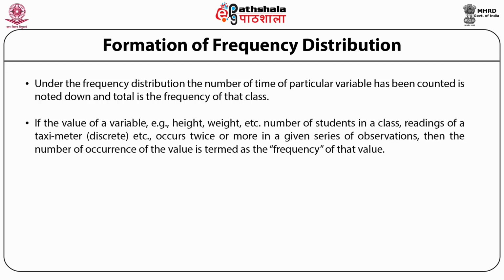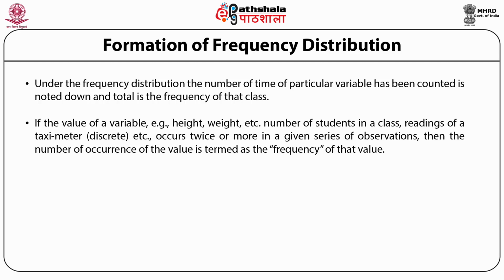If the value of a variable, for example height, weight, number of students in a class, etc., occurs twice or more in a given series of observations, then the number of occurrences of the value is termed the frequency of the value.